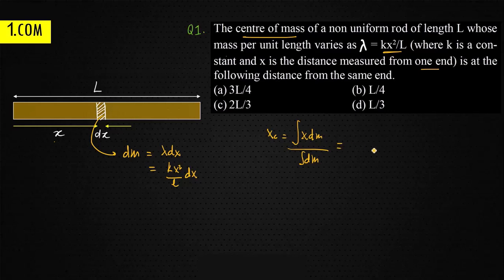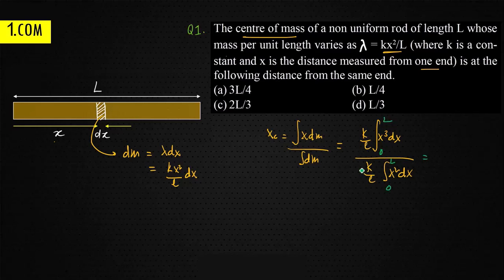So x dm means x times k by L, and in the numerator it becomes x cube dx, integration, divided by integration of dm, which means k by L into integration of x square dx. Here x is varying from 0 to L, so I have to put the limit from 0 to L here and 0 to L over there.